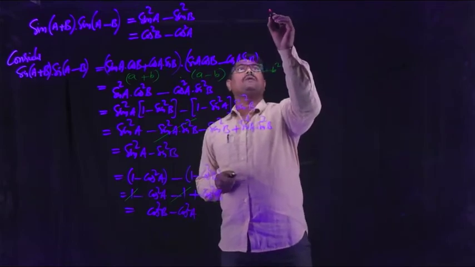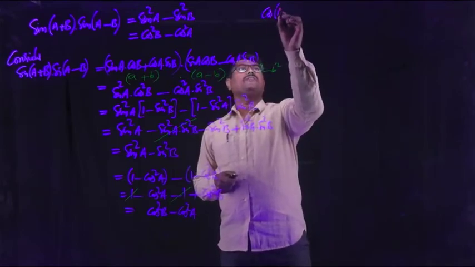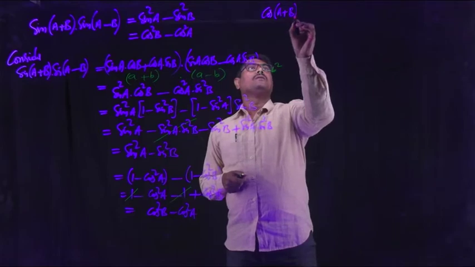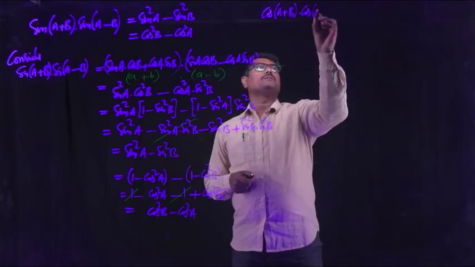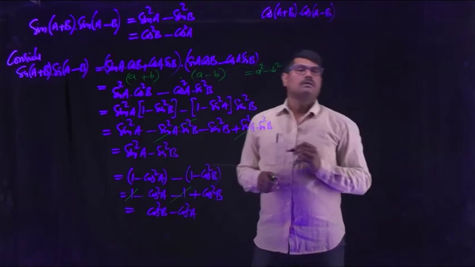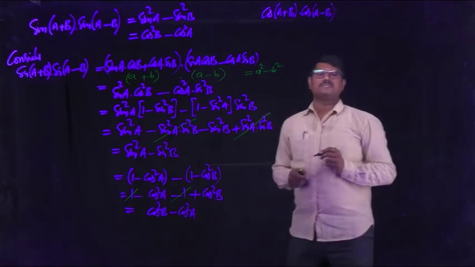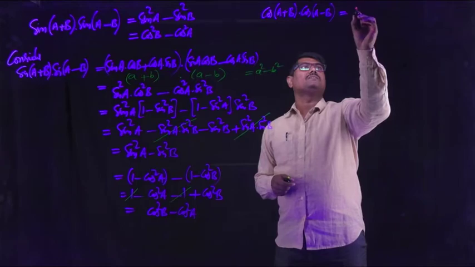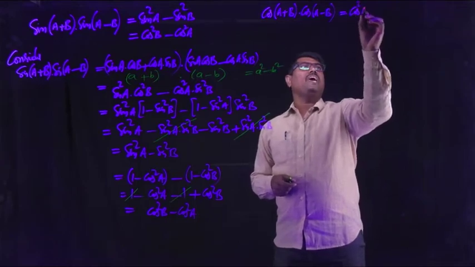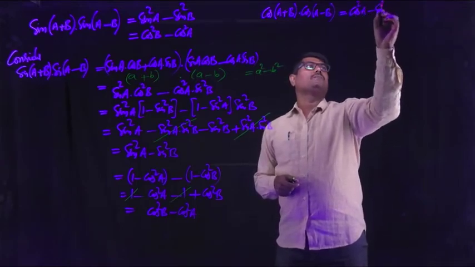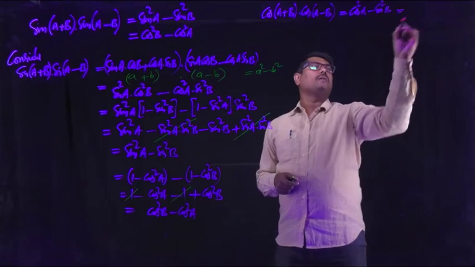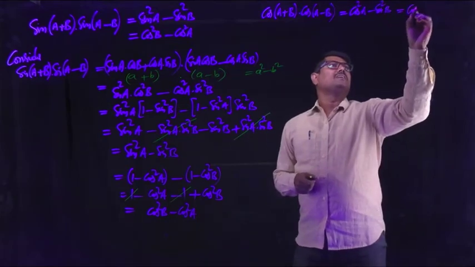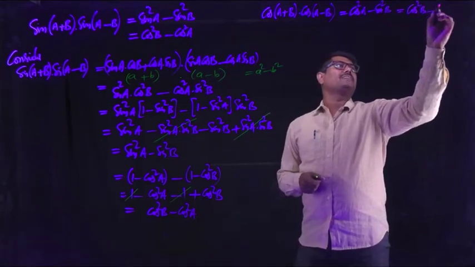Now let us see how the formula changes for cos also. So the next formula is cos of a plus b into cos of a minus b. It has two answers. One is cos square a minus sin square b, or you can remember this one with cos square b minus sin square a.